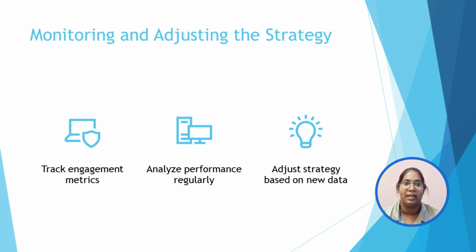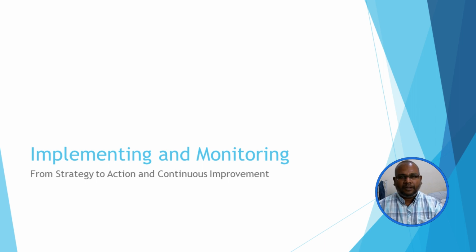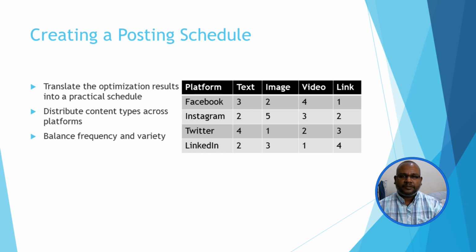We have covered setting up our model, analyzing data, and optimizing our strategy using linear algebra. Now, it's time to put our plan into action and to ensure it remains effective over time.